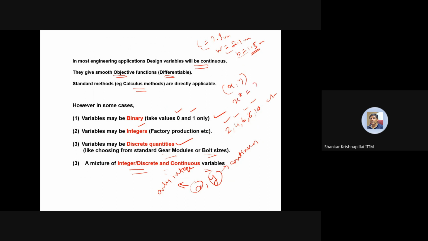Suppose x star is equal to 7.7, y star is equal to 9.1. Then you just round it up to the nearby integer, so x is equal to 8 and y is equal to 9. We will show that this will not work. This answer will be totally wrong if you round up to the nearest integer. We'll see in the next slide.